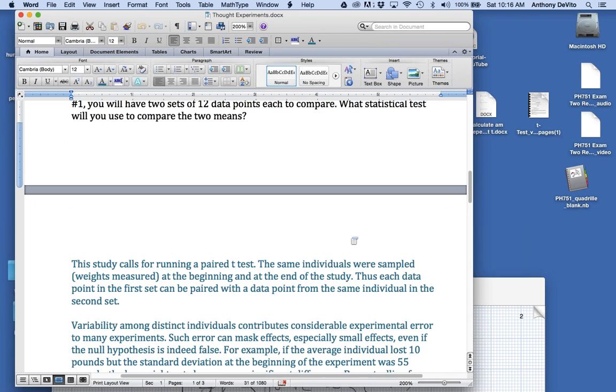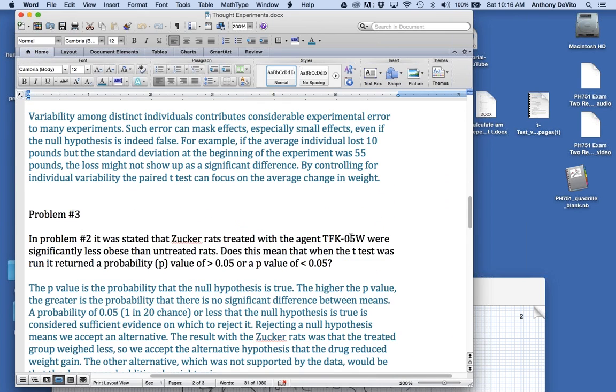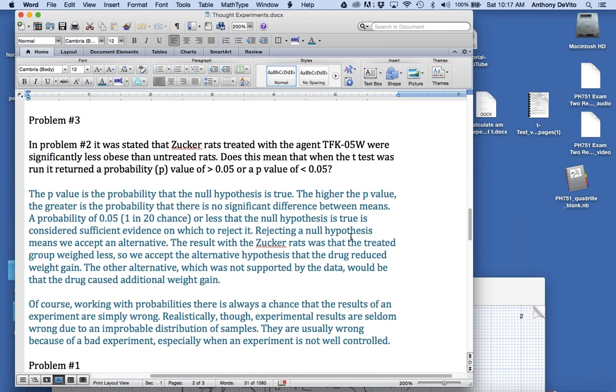Okay, so now let's look at another possibility here. Let's look at this from another perspective. The rats in the problem that we just looked at, that were treated with this agent, were significantly less obese than the untreated rats.